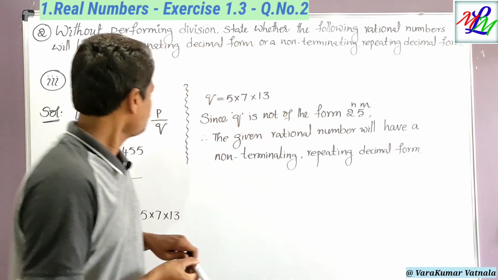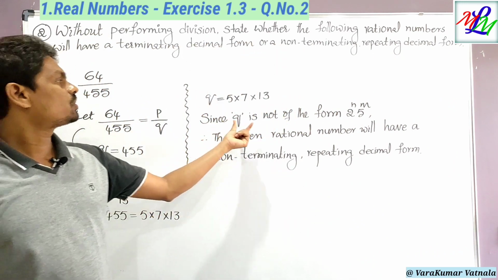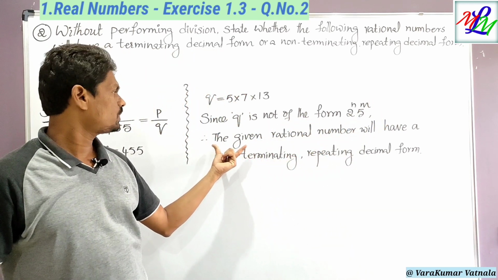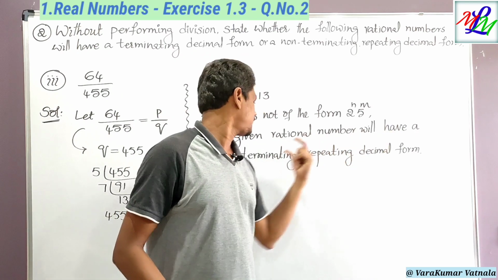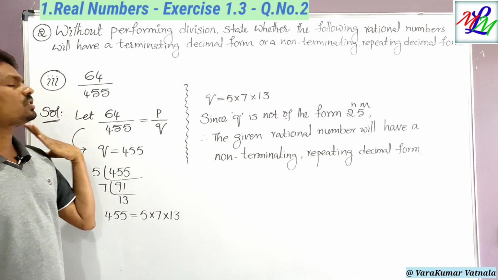So see student, q is equal to 5 into 7 into 13. Since q is not of the form 2 to the power n into 5 to the power m, therefore the given rational number will have a non-terminating repeating decimal form. So this is third one student.